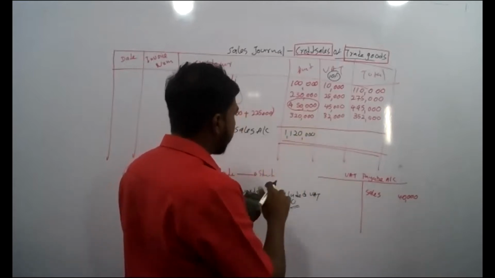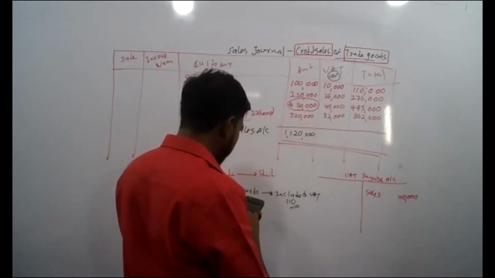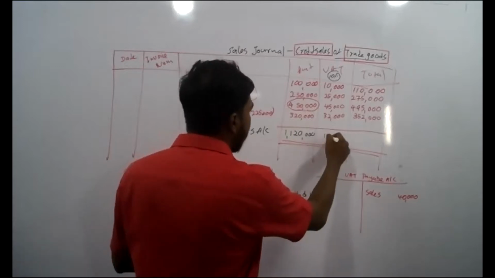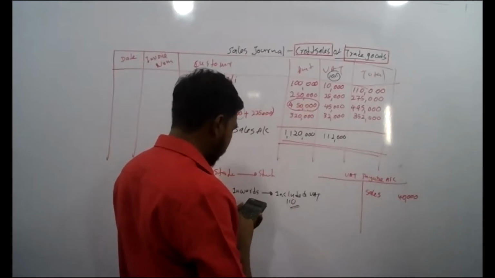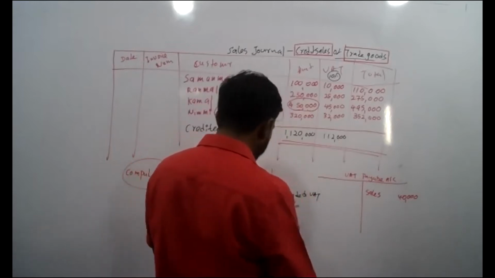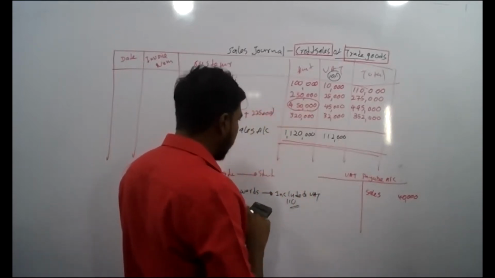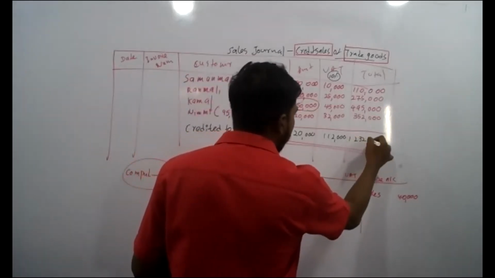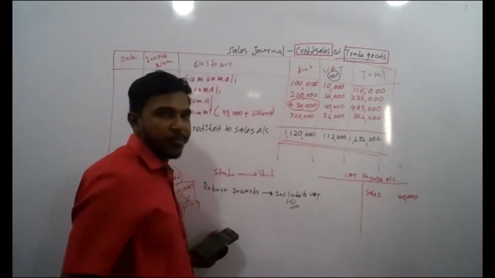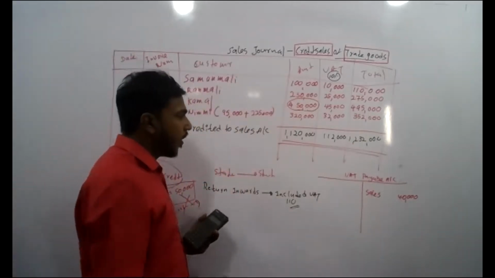Then this is the VAT. How much is the VAT? Total is 112. Then here the total is 123. This is your total.